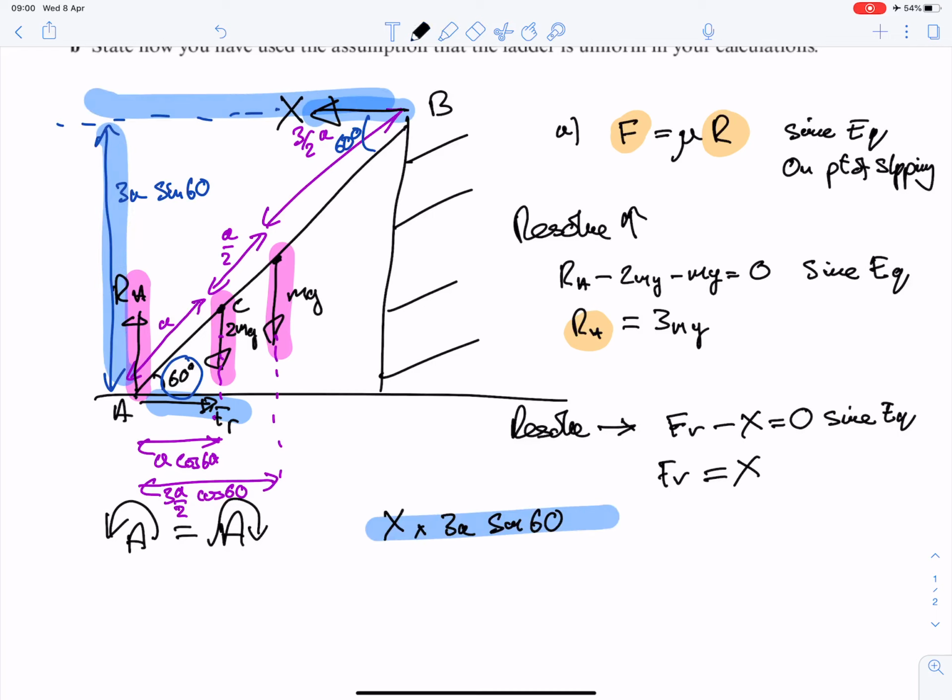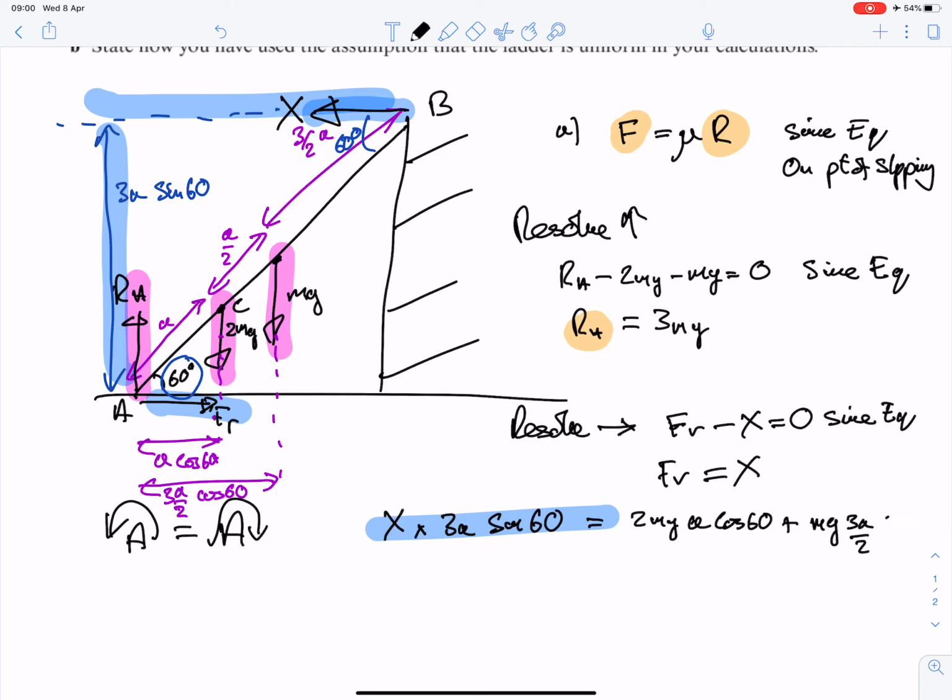Well, if this angle is 60 degrees, then this angle is also 60 degrees. So 3A, and it's opposite the angle, sine of 60.